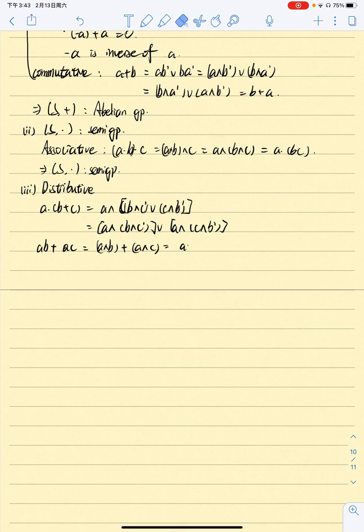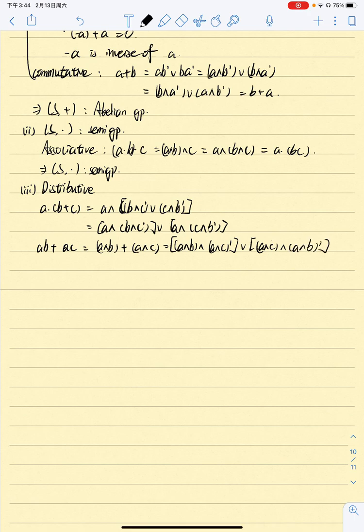A first, A and B and A and C prime, or A and C and A and B prime.